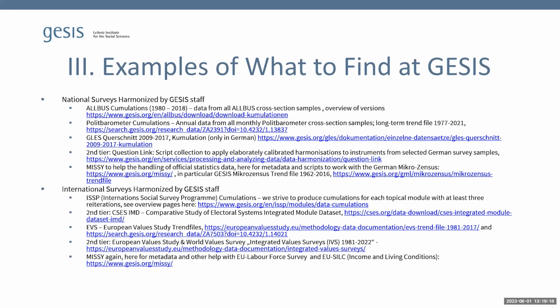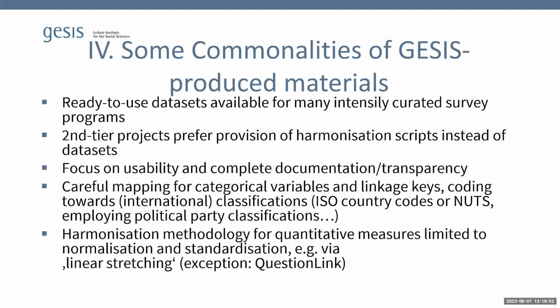One thing that's worth mentioning probably is the CSES accumulation, which is relatively recent, hasn't been around forever, which also now have a long-term accumulation over time amongst the different 5, or is it 4 in that case, CSES modules. What commonalities do we have and what differences among these data projects? Many of these produce ready-made data sets, but not all do.